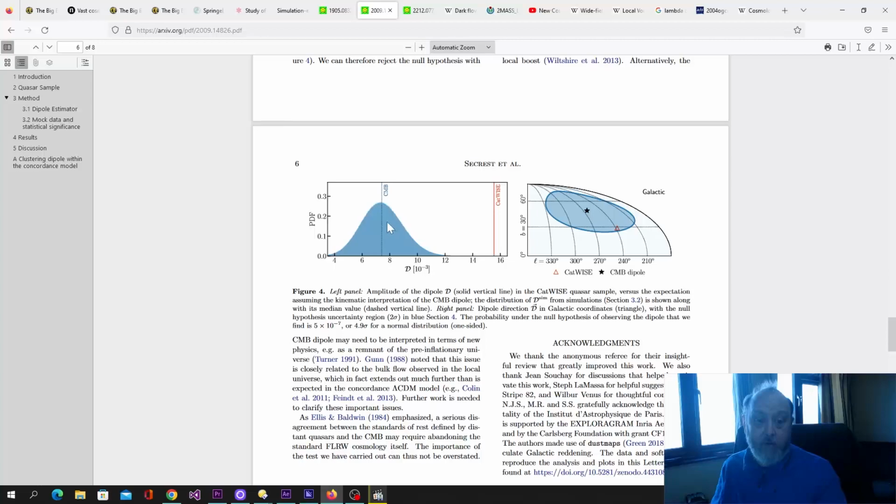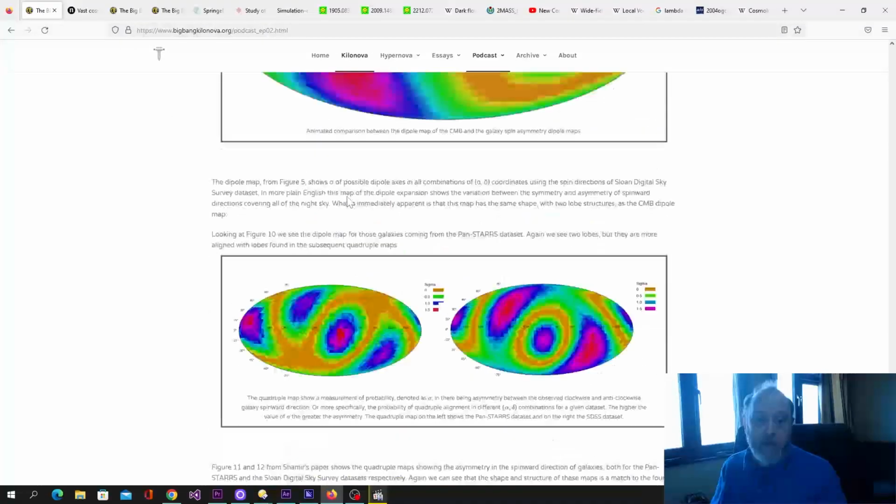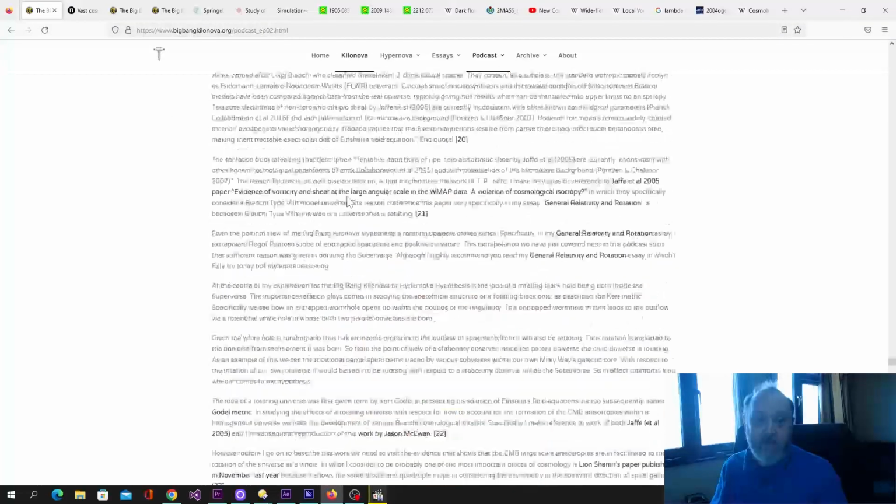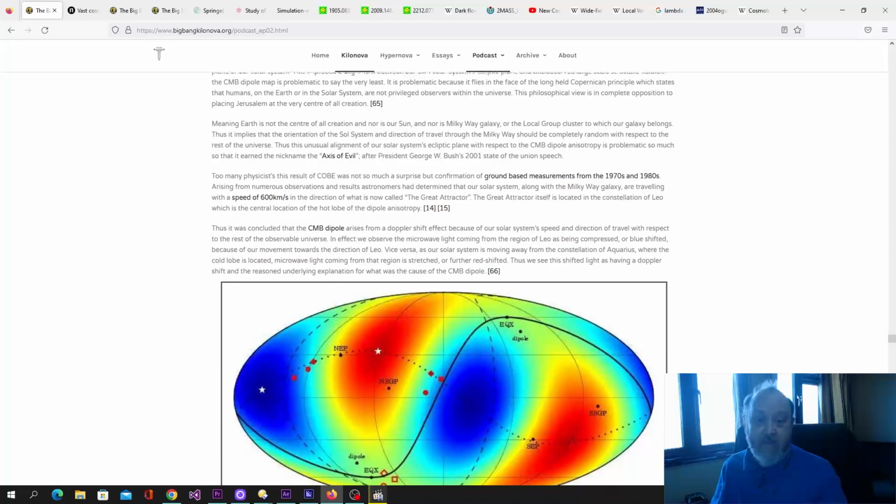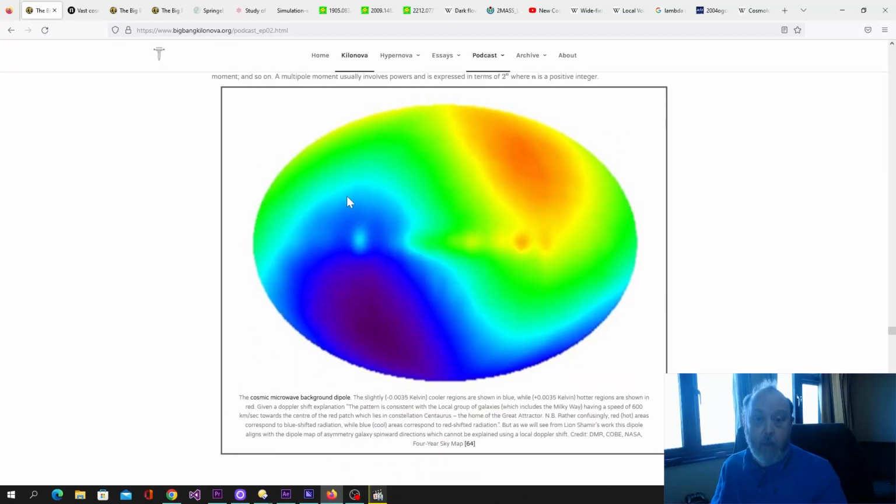If that model is correct, we would expect this, but from the quasar data, we're seeing it actually being part and parcel of the cosmic microwave background radiation, meaning this dipole is quite certainly not due to Doppler shift, but due to the entire movement of the galaxy as a whole.